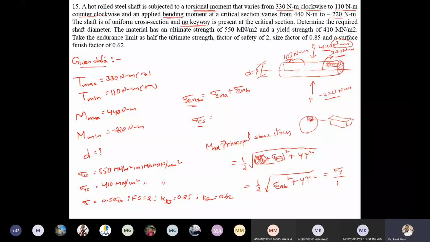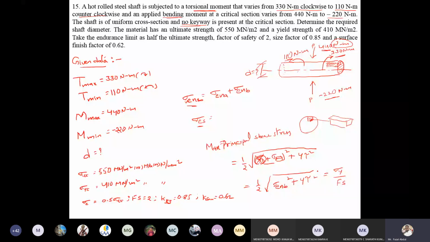Yield strength is given in the problem as 410. Factor of safety is given as 2 in the problem. Substitute these two values and you will finally get the D value.